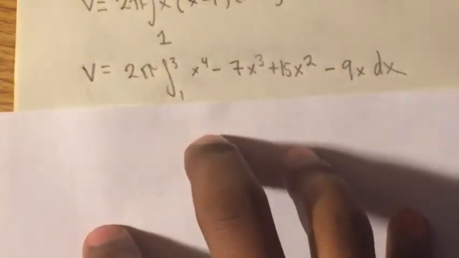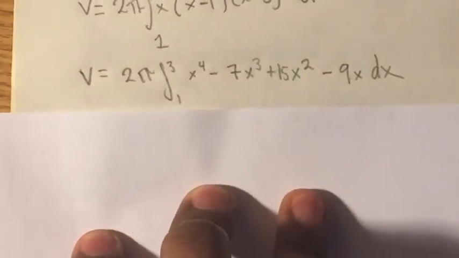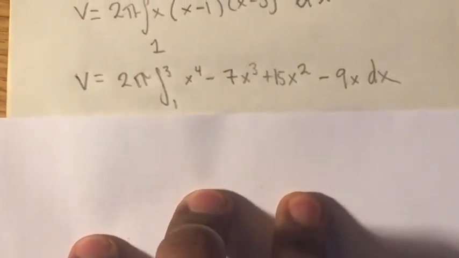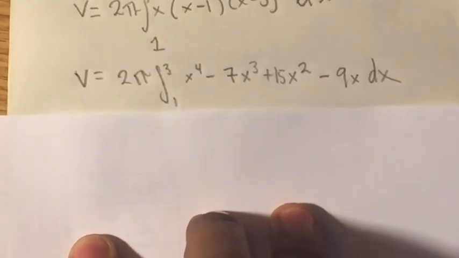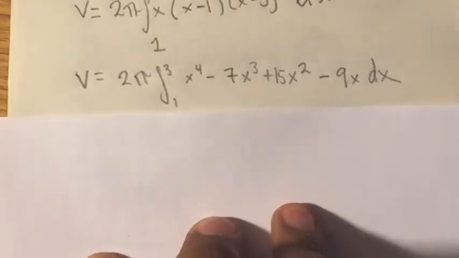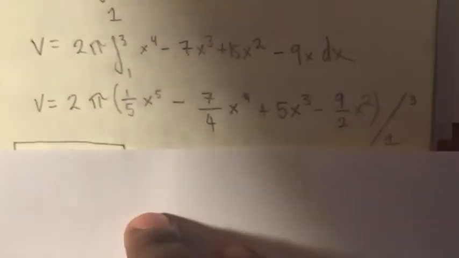Alright, we're just going to simplify that a little bit further. Multiply everything in, and you get 2 pi, the integral from 1 to 3 of x to the fourth minus 7x cubed plus 15x squared minus 9x dx. Then you just take the integral of that, and you're going to get the volume.